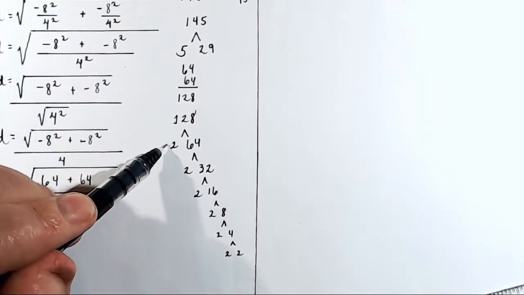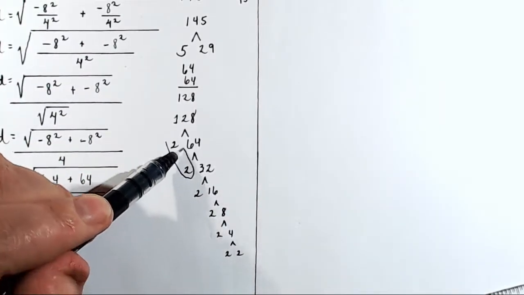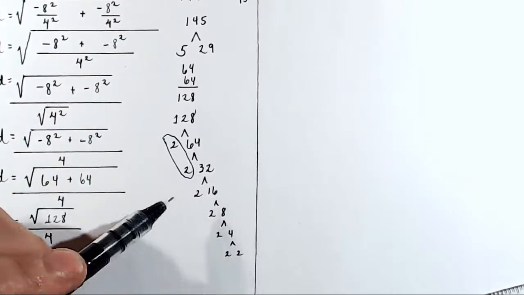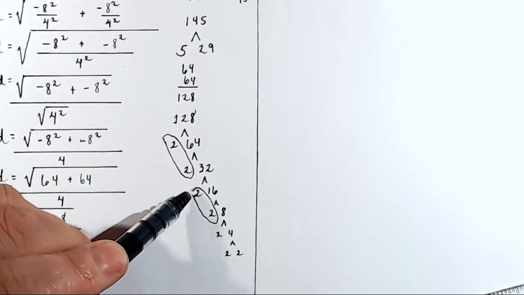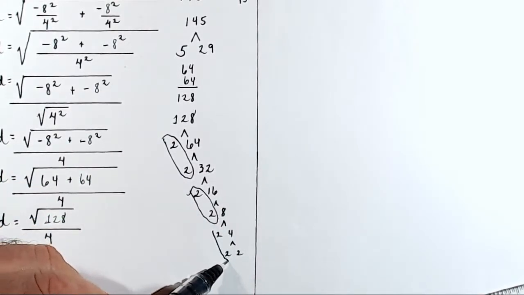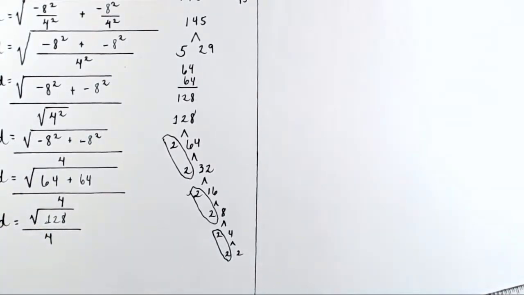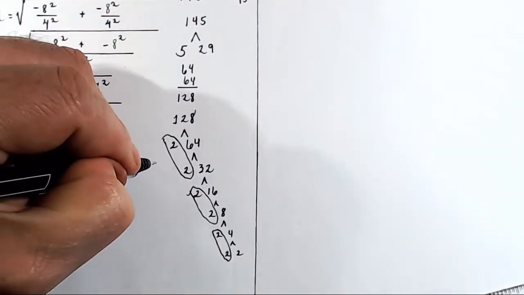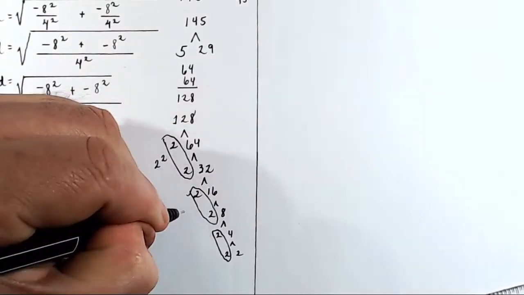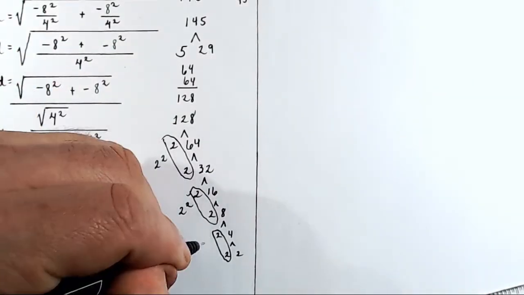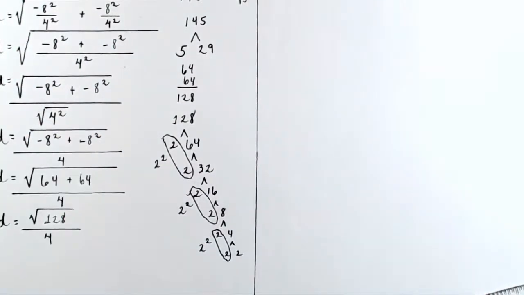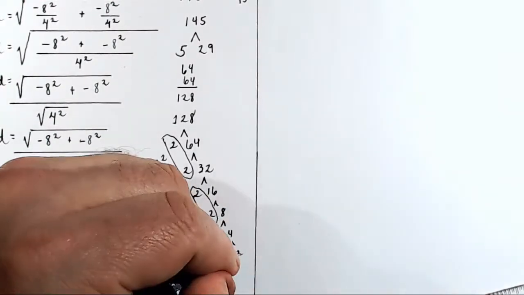We can rewrite this as 2 squared times 2 squared times 2 squared times 2. Okay, so this is 2 squared, and this is 2 squared, and this is 2 squared. Times 2. Don't forget this guy right here.